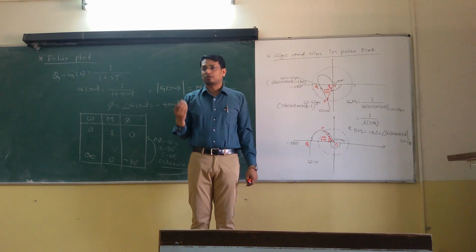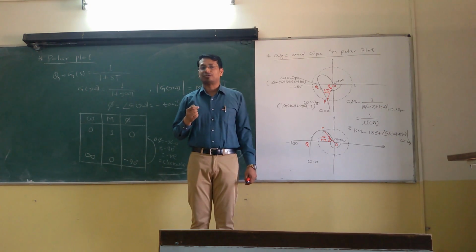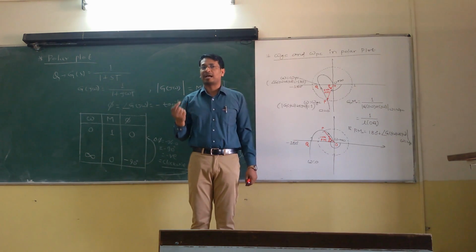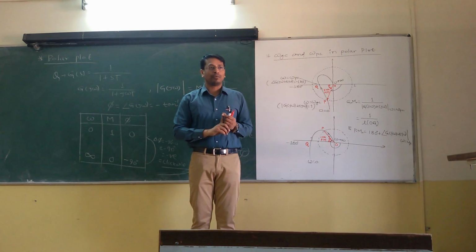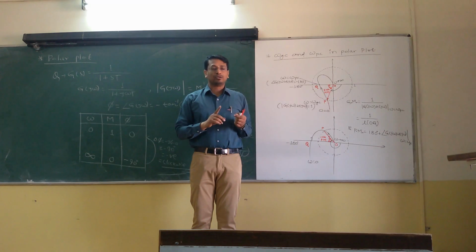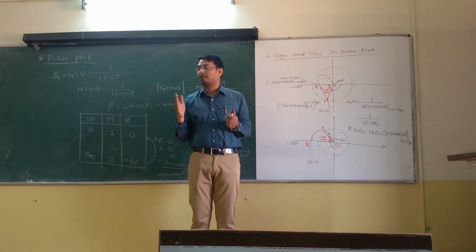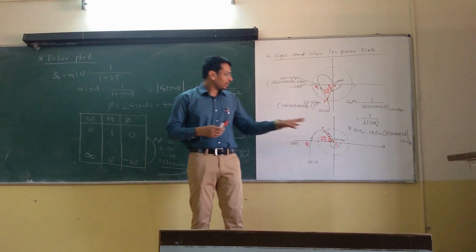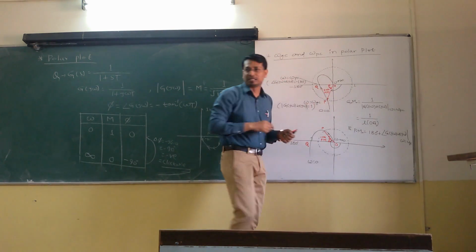From previous knowledge, the gain crossover frequency is the frequency where the magnitude of G(jω)H(jω) is equal to 1. While discussing the Bode plot, we were interested in the magnitude in decibels, so we defined the magnitude as 0 dB, but the absolute magnitude is equal to 1. So first we have to trace the unit circle.